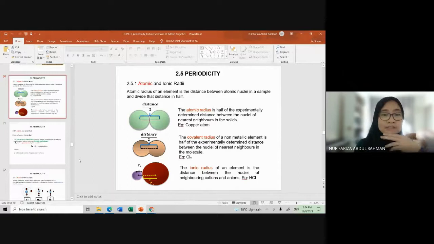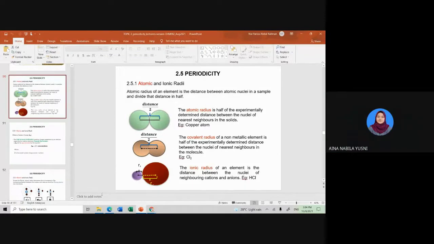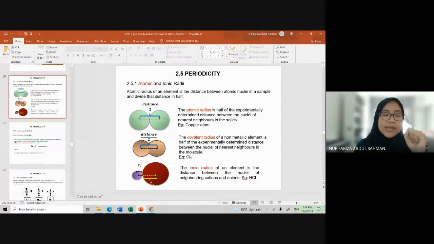We have 2 factors that can affect the atomic and ionic radii. What is the first factor? Z effective. Yes, it is known as Z effective. We have to describe the periodicity or the atomic radii of an element across the period and down the group.